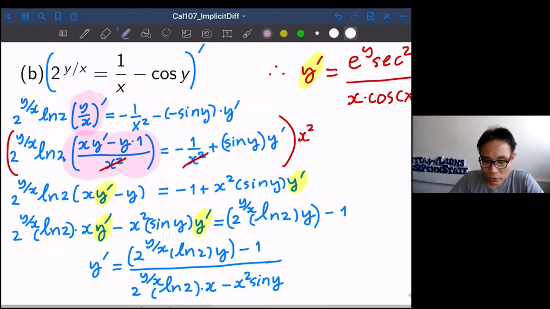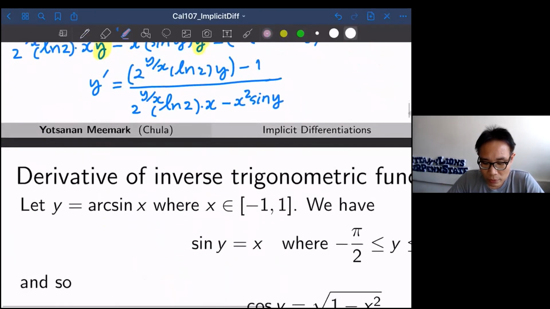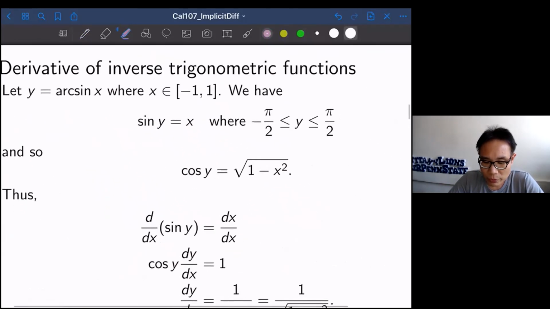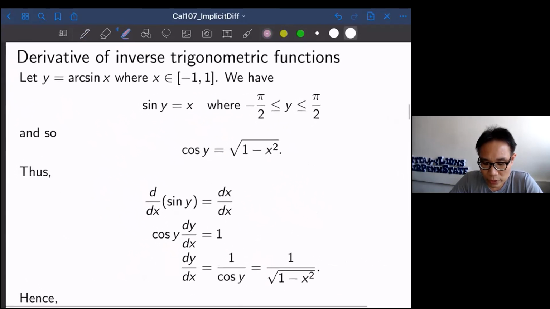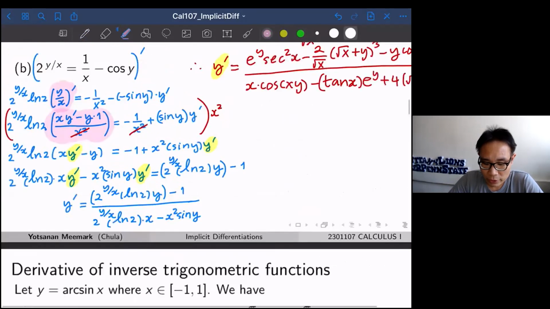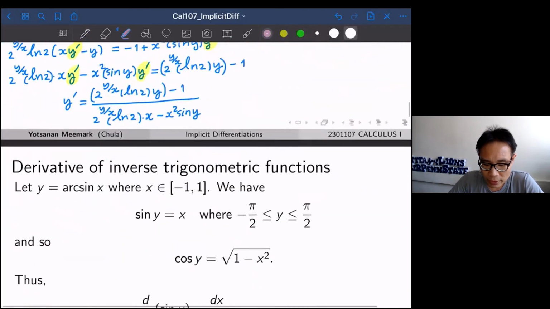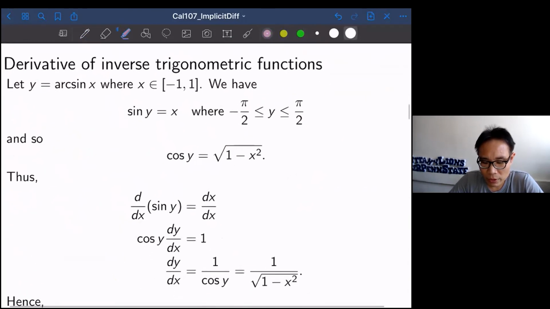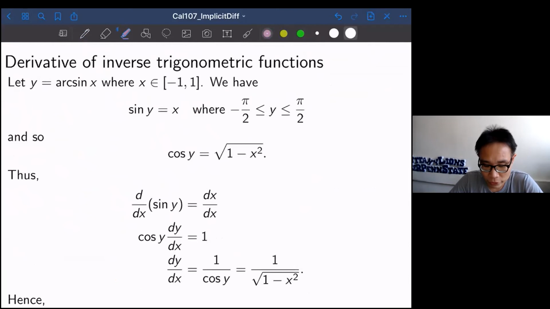So one last thing, we'll be able to use implicit differentiation to find the derivative of the inverse trigonometric functions. So we're going to have y equal to arcsin x, and we want to find the derivative of arcsin.